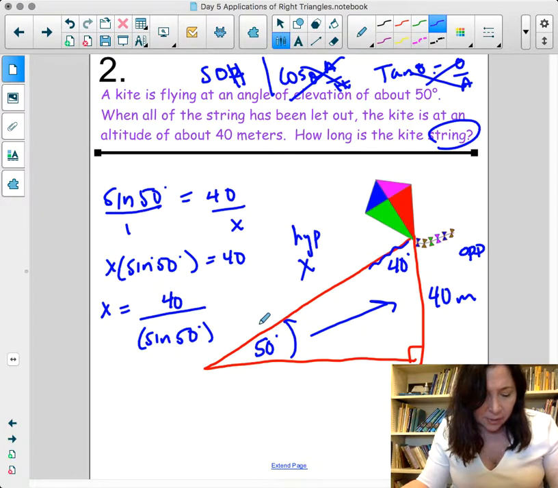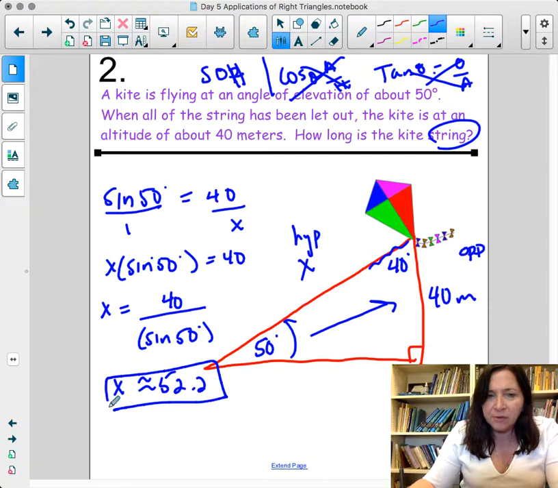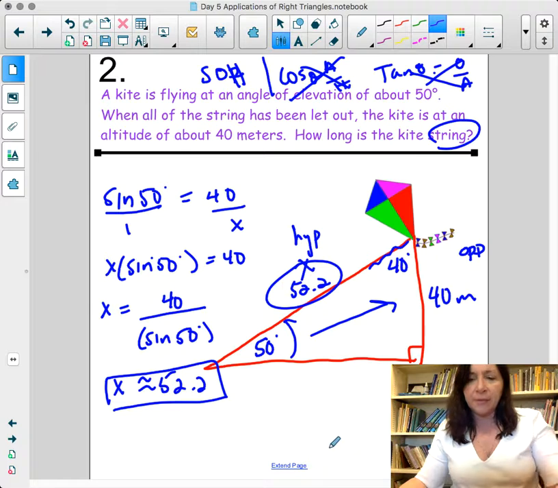I'm going to close my parentheses. Okay, and approximately 52.2. So x is approximately 52.2, and it looks like it's meters. So just keep in mind, make sure your units of measurement are matching up.